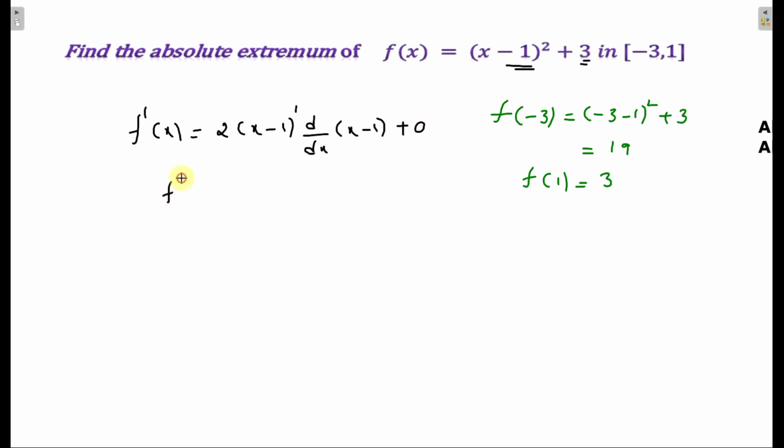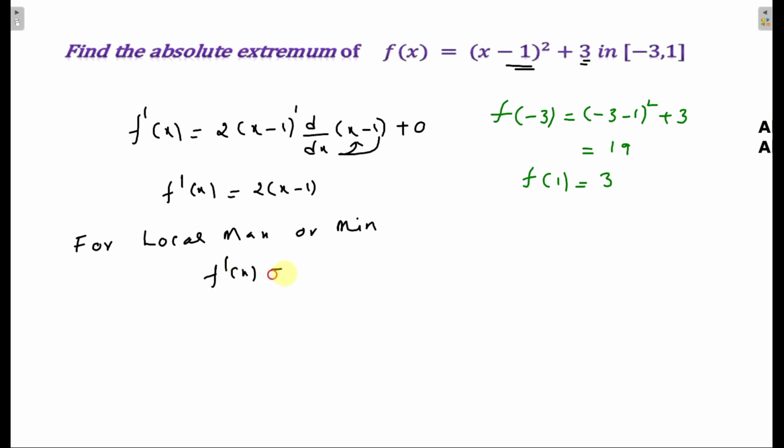On simplification I will get f dash x equal to 2 into (x - 1); the derivative of x is 1 and the derivative of 1 is 0, overall I get 1. So for a local maximum or minimum, the first step is to equate f dash x to 0. That implies I will get here 2 into (x - 1) is equal to 0.